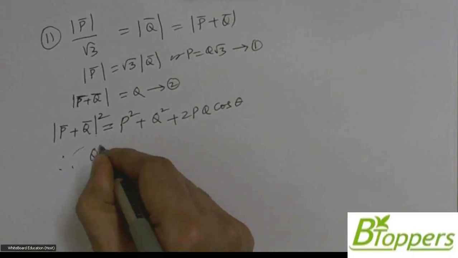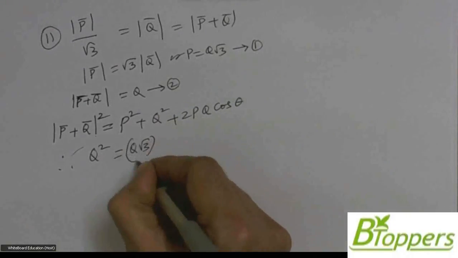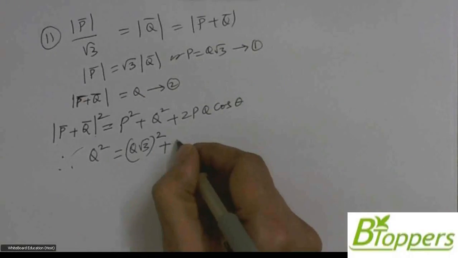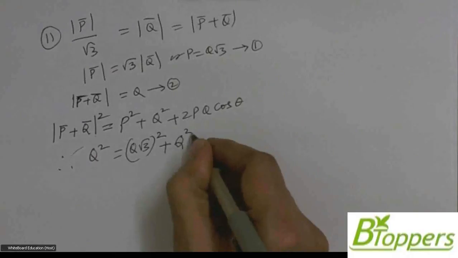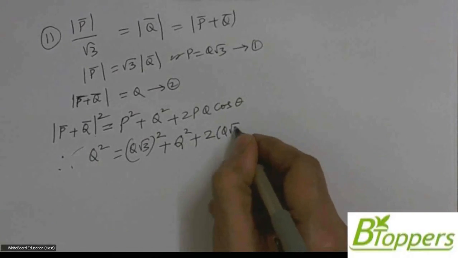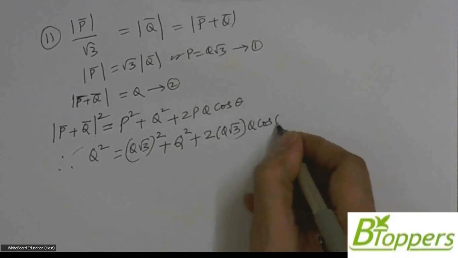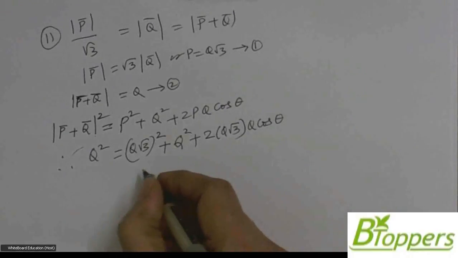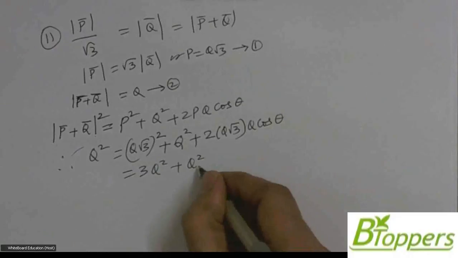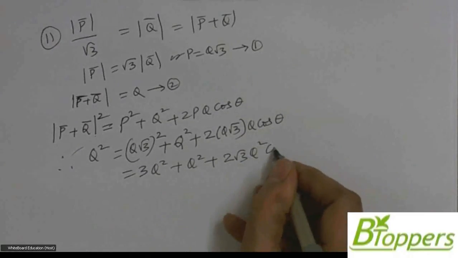Therefore, you get q square equal to, writing p equal to q root 3 on the right side, p square can be written as q root 3 whole square, plus q square, plus 2 into q root 3 into q cos theta. So you get 3q square plus q square plus 2 root 3 q square cos theta.